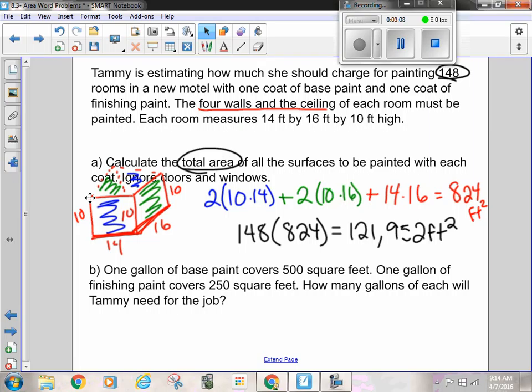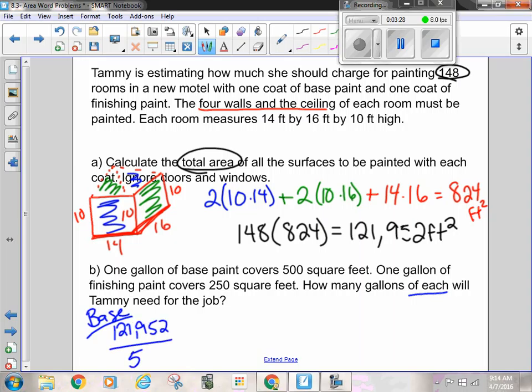Okay, 1 gallon of base paint covers 500 square feet. 1 gallon of finishing paint covers 250 square feet. How many gallons of each will Tammy need for the job? Okay, so let's do base. So we have 121,952 feet squared.